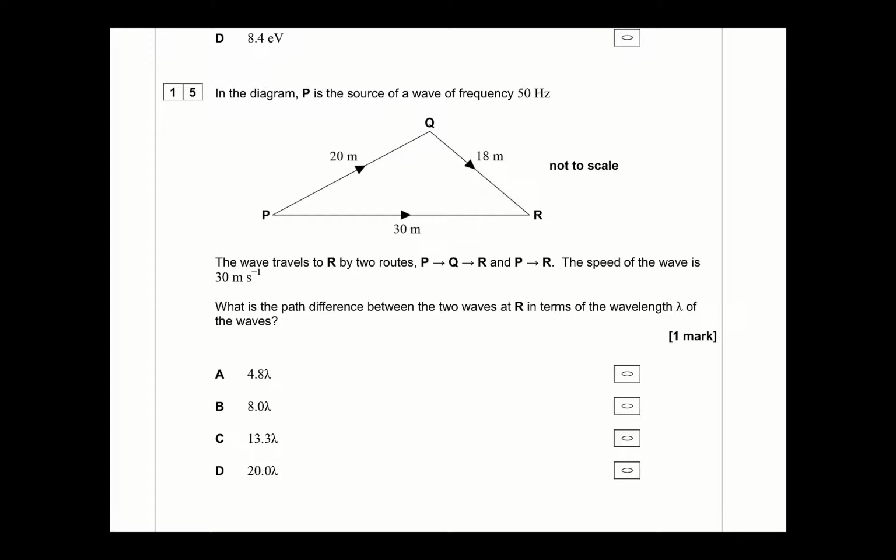So in the diagram, P is the source of a wave, frequency 50 hertz. Well, the path difference is 8 meters.